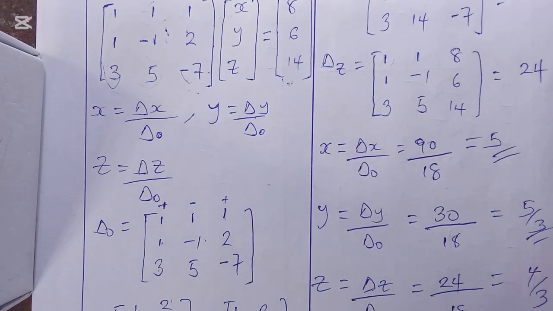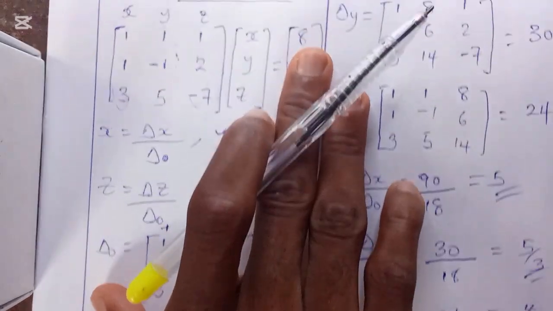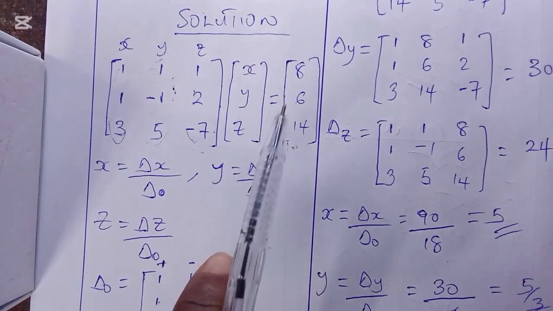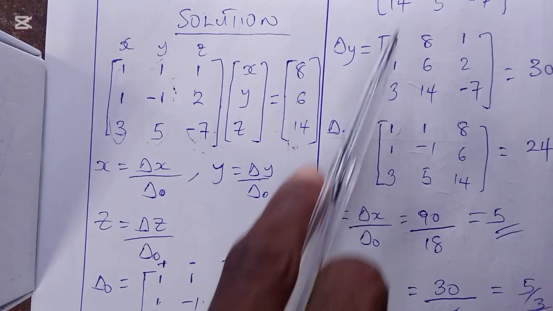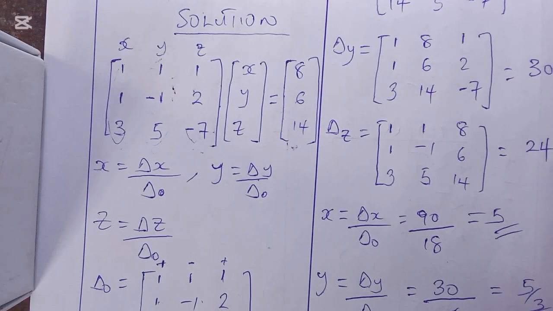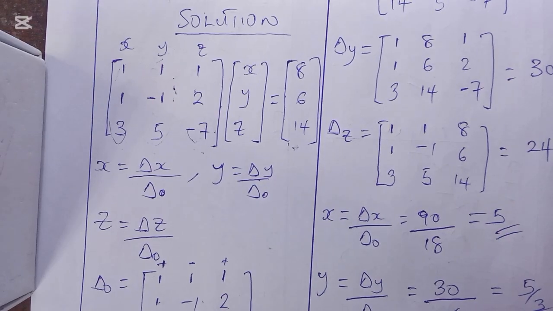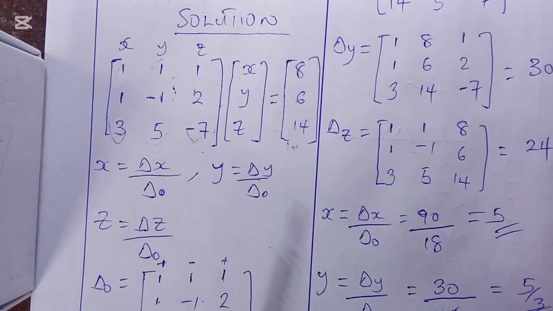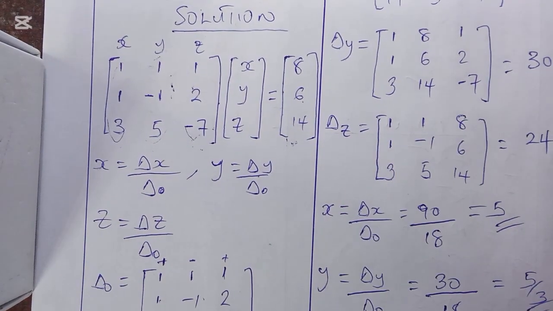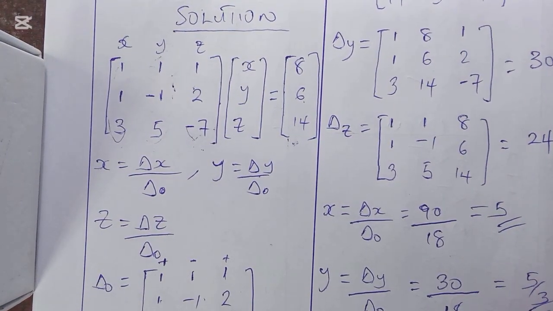For delta x, you eliminate the component of x and place the right hand side there, and you find the determinant. For y, the same thing, you eliminate the component of y, place the right hand side there, and find the determinant. And for z, you eliminate the component of z, place the right hand side there, then you find the determinant. Then you put it in your formula and get your final answer.